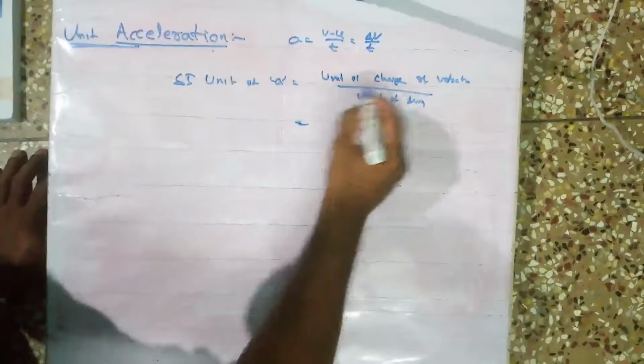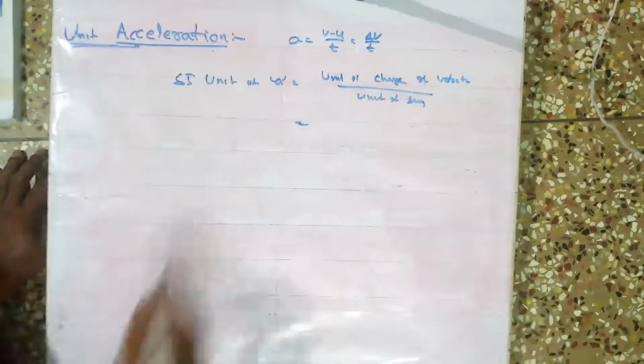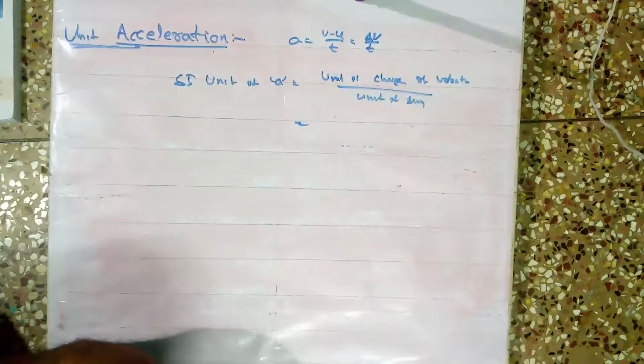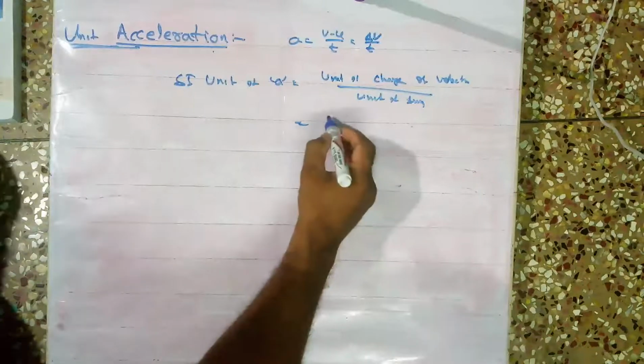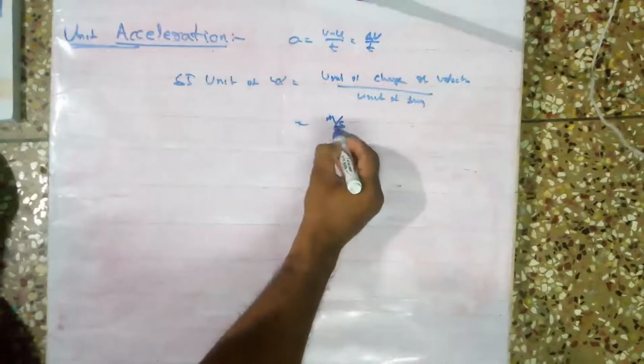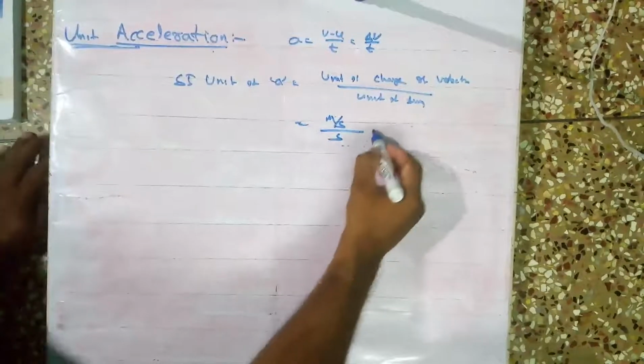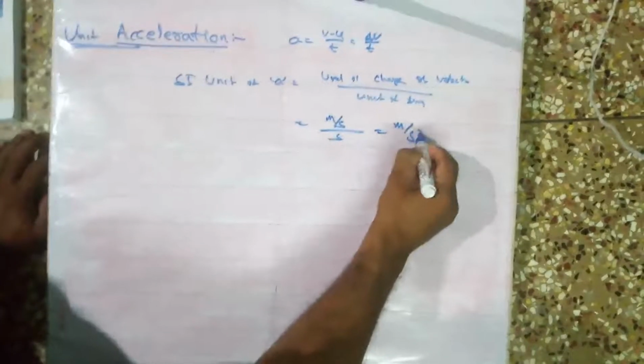What is the SI unit of change of velocity? What is the unit of velocity, SI unit? Anybody? Meter per second. Time is in seconds. So it will become meter per square second.